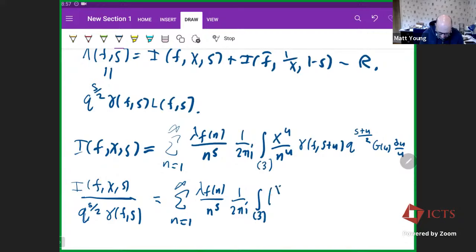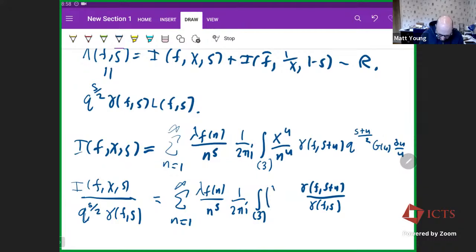So it's x over n to the power u, gamma f of s plus u over gamma f of s. The q to the s over 2 is going to cancel. We'll get q to the u over 2. So I guess I can put that in here. Okay, I'll fix that.